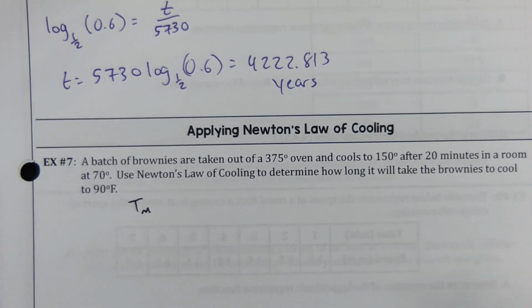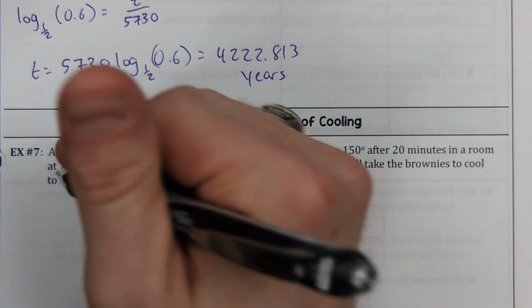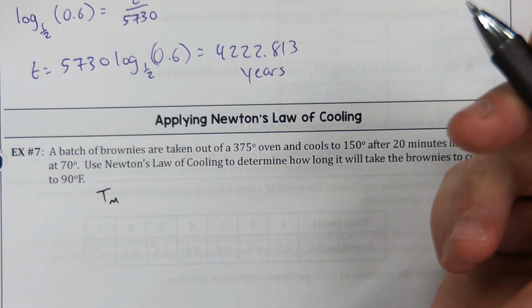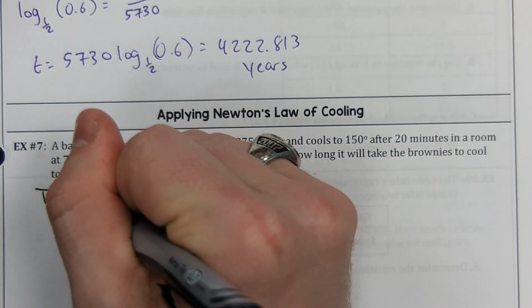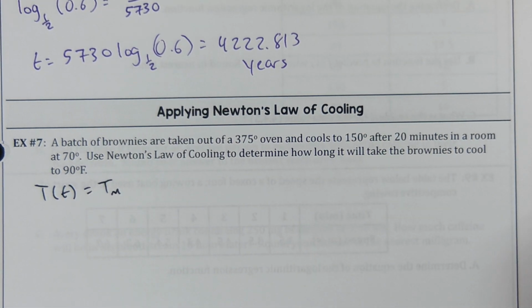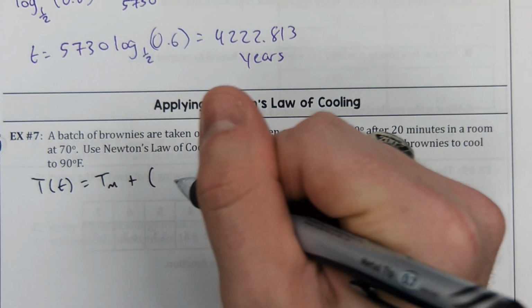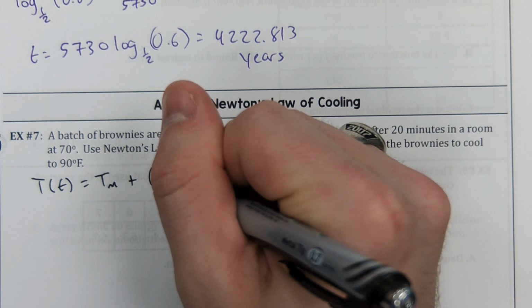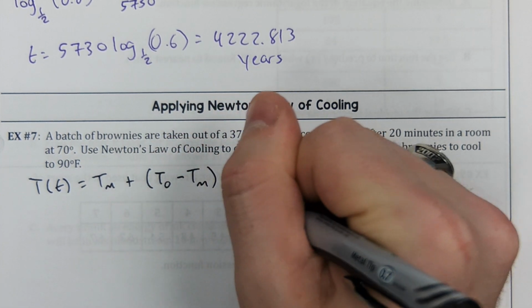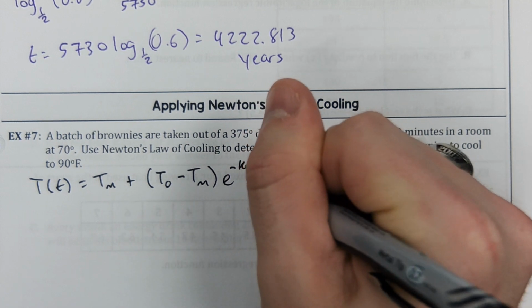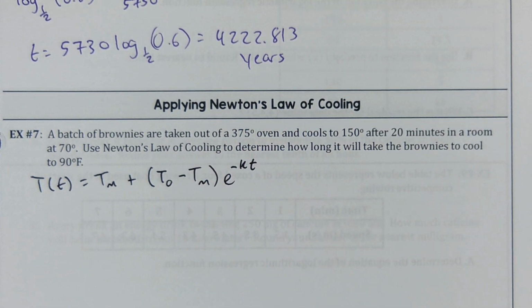Here, one of you read it to me. What's the variable expression at the front? T of t? Okay, T_M, parentheses, T_0 minus T_M, and then it's e to the negative kt. Thank you. Okay, there we go.